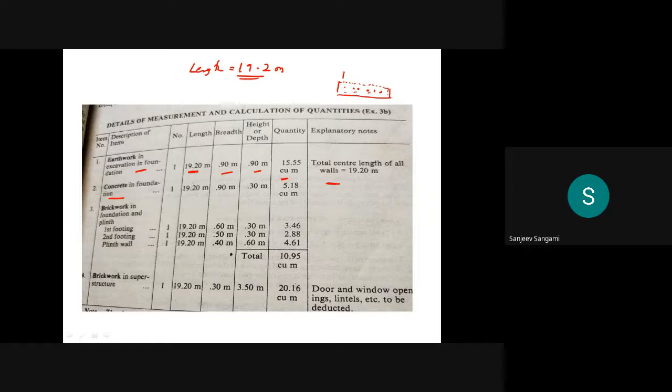Then you have the first footing and the second footing, and we will look at where the ground level is. Then the concrete has a 90 centimeter breadth and a height of 30 centimeters. Here also it is 30, and here also it is 30. So concrete in foundation: the length remains the same. You write it as it is, no problem.